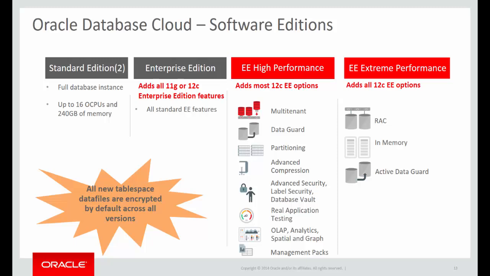One thing to note is that with all these editions, whether it be Standard or Enterprise Edition, all new tablespace data files are encrypted by default. So if you create a new tablespace file, that file will be encrypted by default. You do not have to set any options or add any clauses to your SQL statement to create that encrypted tablespace data file.